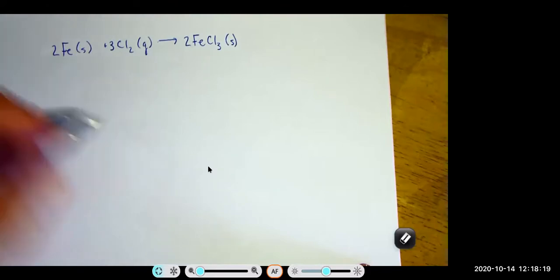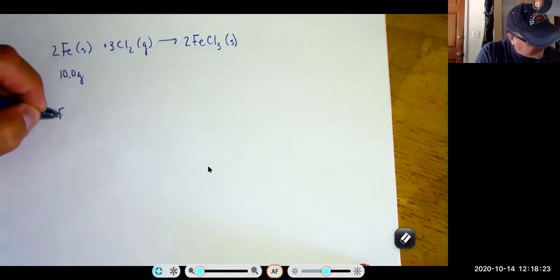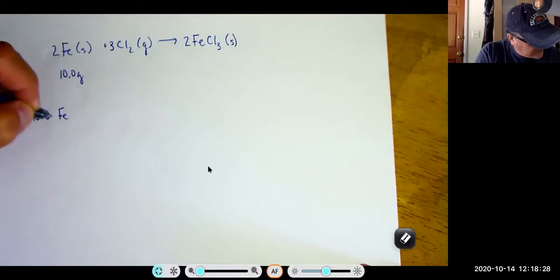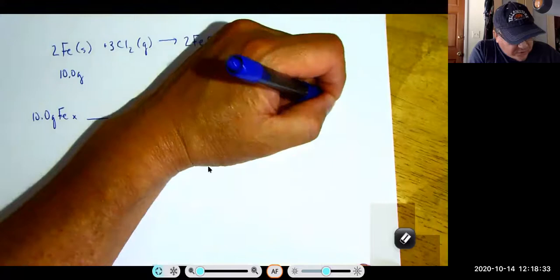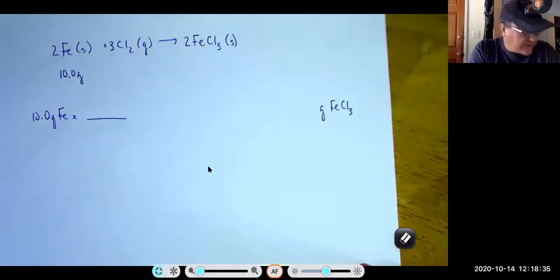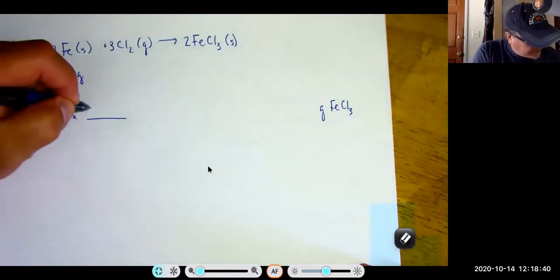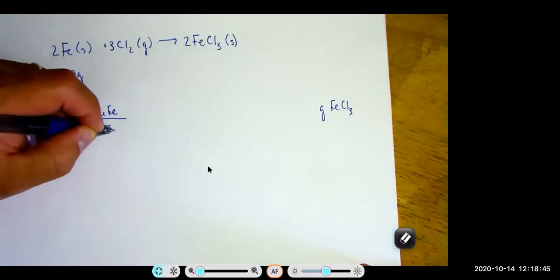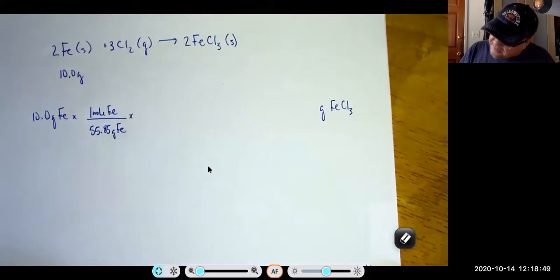Okay. So if we start off with 10 grams of iron, what I'm going to do here is calculate the grams of iron 3 chloride that we could make from this, okay? So I'm going to convert the grams into moles. I'm going to double check this smaller mass. I don't trust my memory. Yep, that's good.